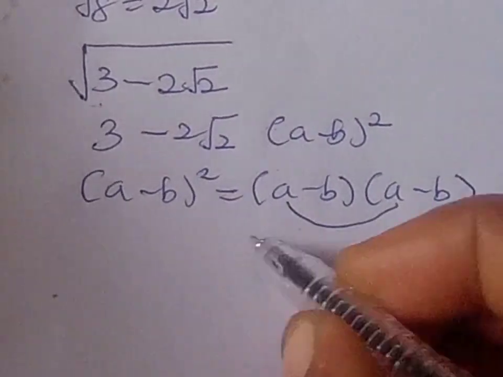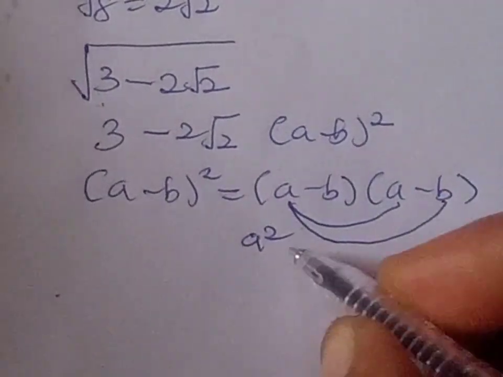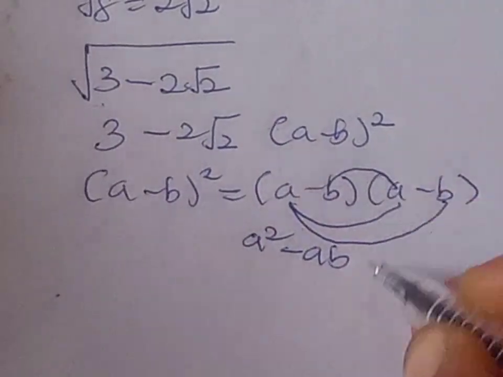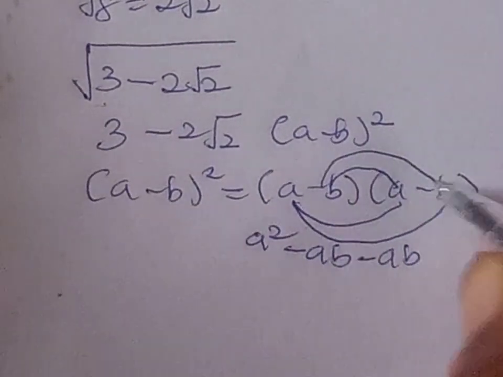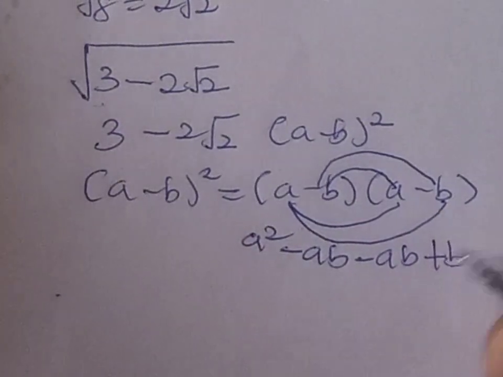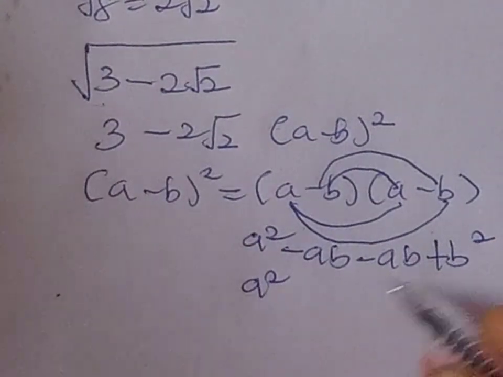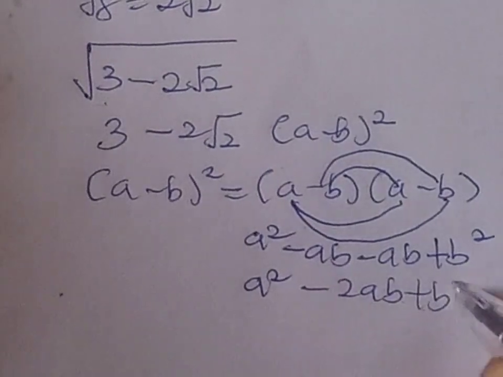Now a times a will give us a squared. a times minus b is minus ab, minus b times a is minus ab, minus b times minus b is plus b squared. Minus ab minus ab will give us minus 2ab, plus b squared.